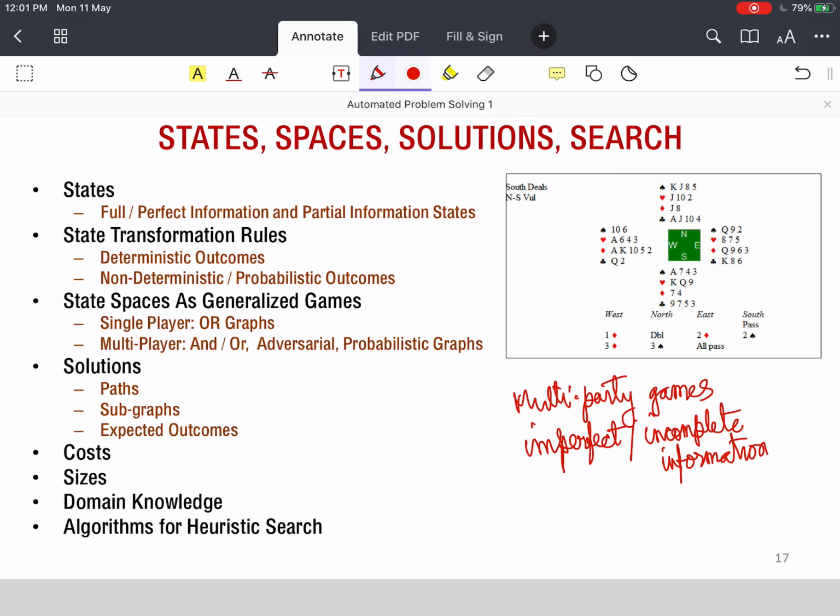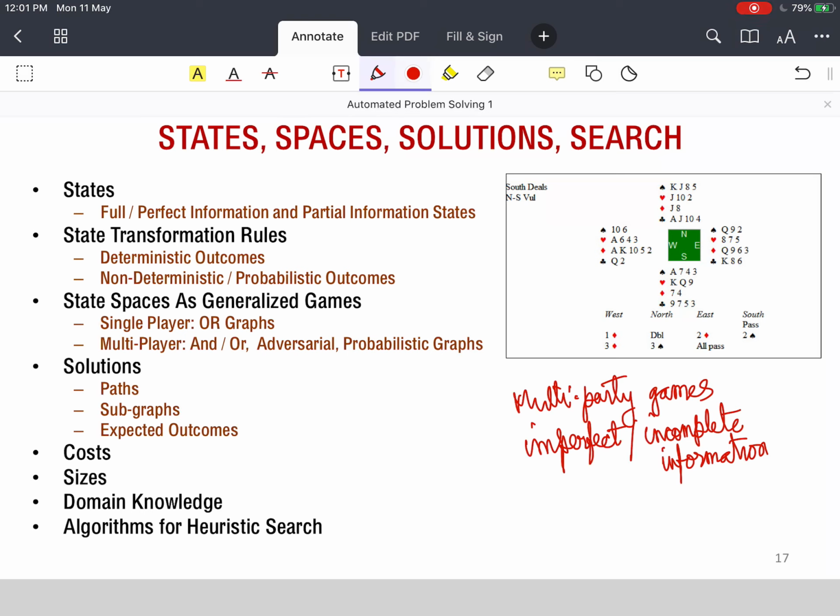Here we have 2 players forming a team on one side, 2 players forming a team on the other side. And even you do not know your own team players' cards, but you can guess them by a round of bidding and things like that. So your situation is that you are playing as a team, you do not know the complete state space, and you need to make a move.